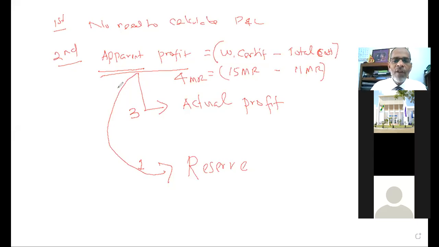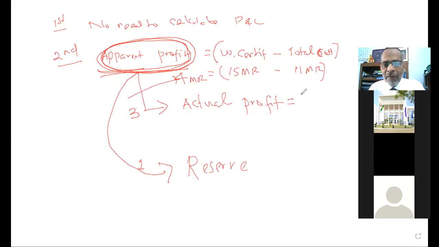Right, look here. Now I will tell you the actual profit can be calculated from what profit? Apparent. 3 million is the actual profit. You have calculated it from the 4 million. Therefore, I will develop the formula. Actual profit is equivalent to apparent profit. Can you take the entire apparent profit?